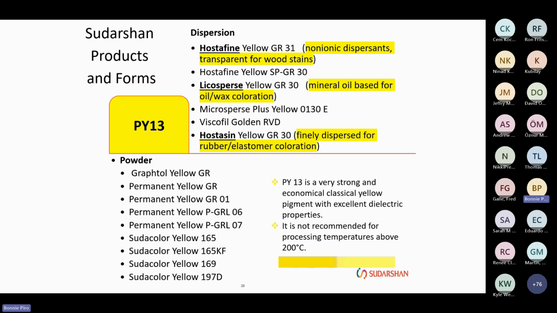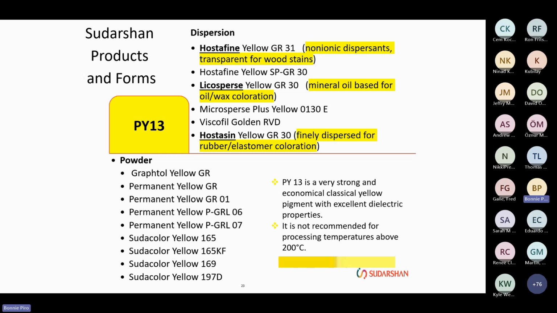Some new liquid colorant brands come in with the Pigment Yellow 13. So Hostafine. These are made with non-ionic dispersants, and they are typically transparent for wood stain application areas. The Lycosperse is a liquid dispersion based off of mineral oil for the coloration of oils and waxes.